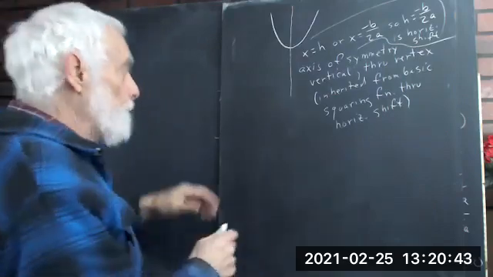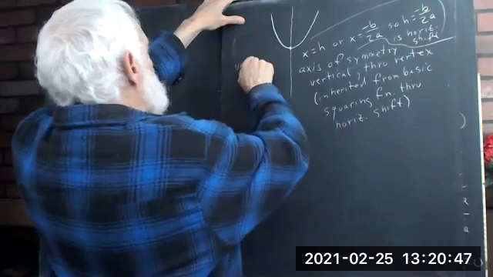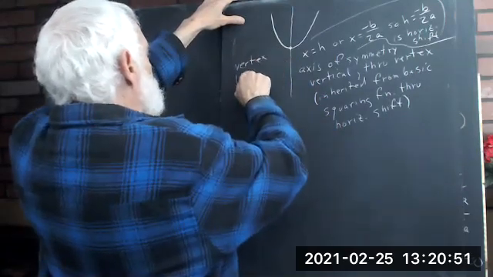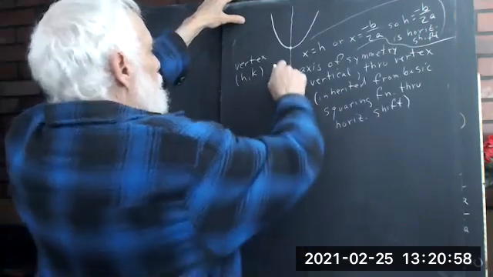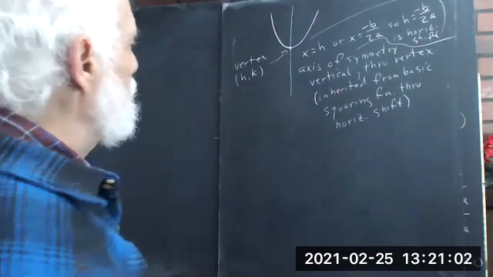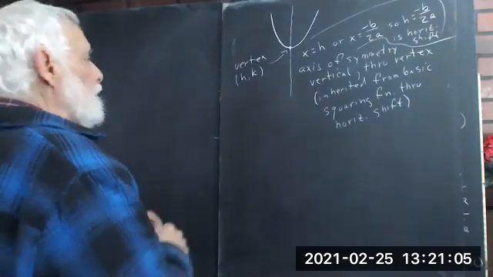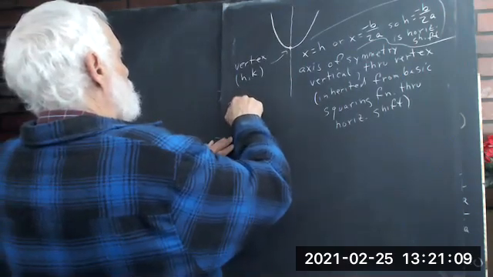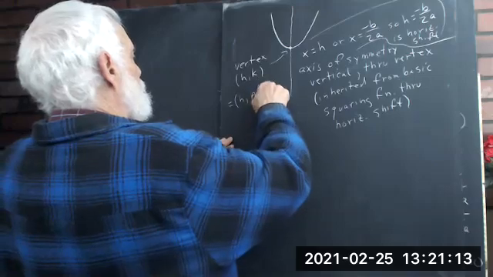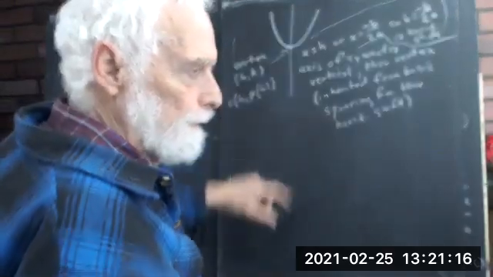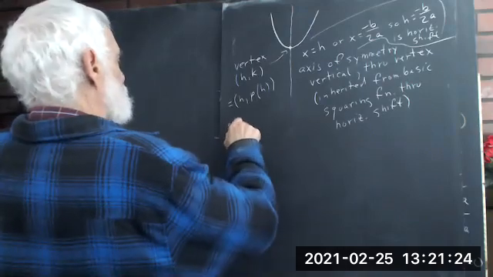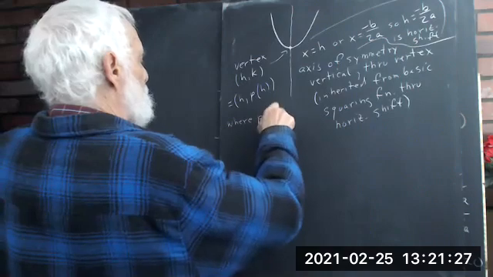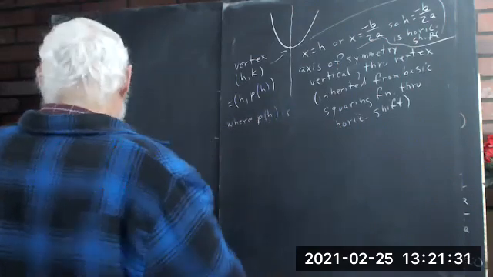And of course, your vertex is (h, k), and that equals (h, P of h). P of h is, let me check and see if I notated it that way.